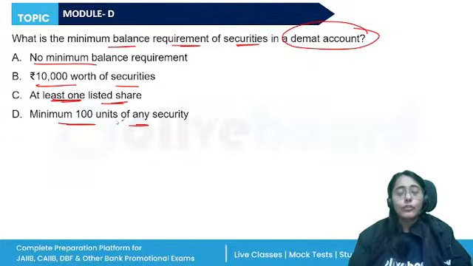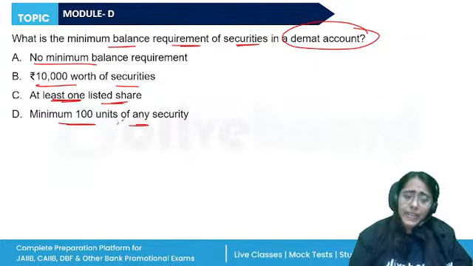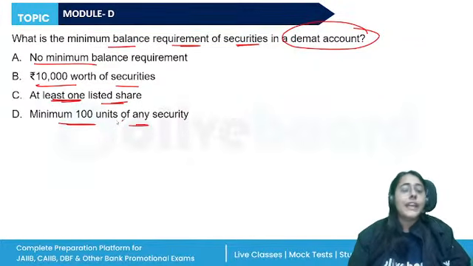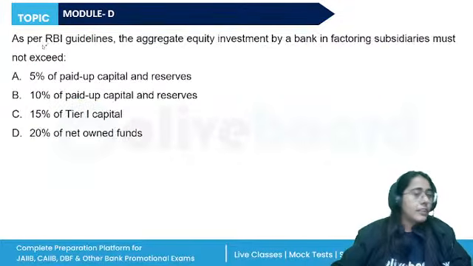This also I've told you, even if I'm not holding any security, I have zero securities, then also I can open a demat account. And when I purchase the security, I will get it dematerialized and put it in my account. So the correct answer is A. There is no minimum balance requirement.